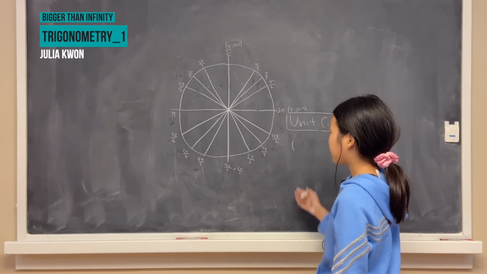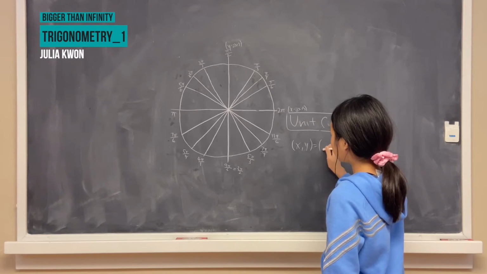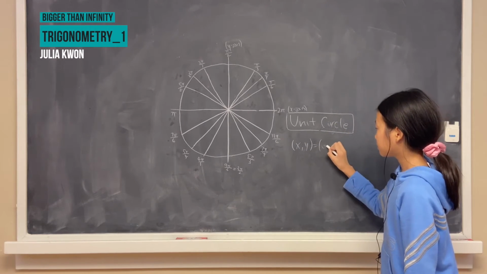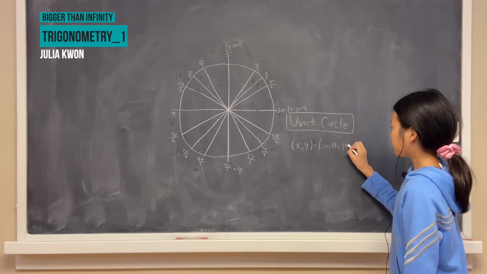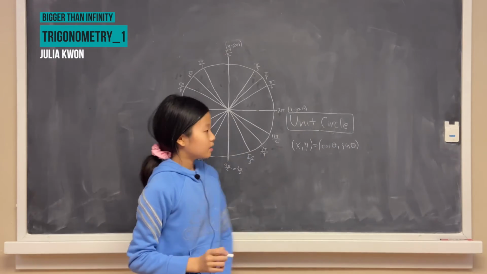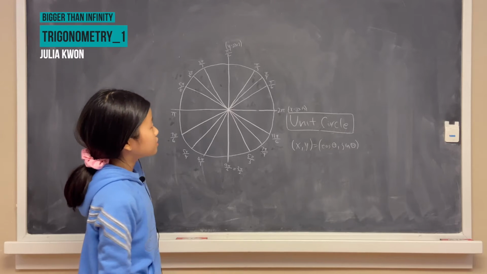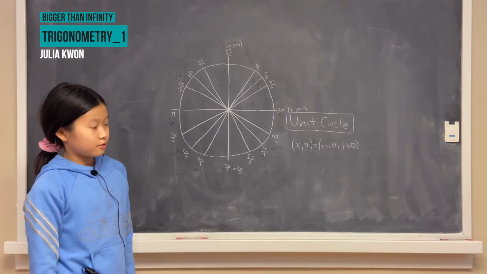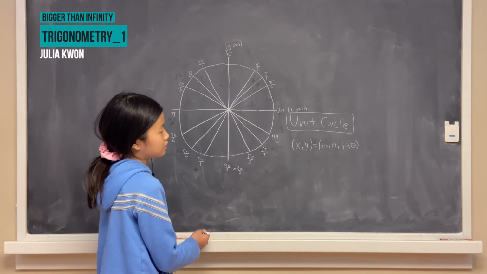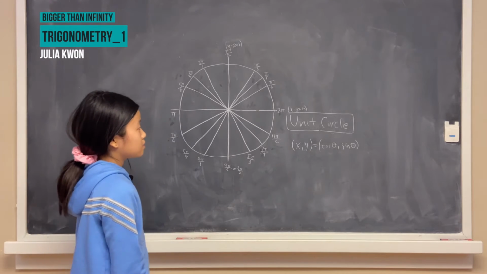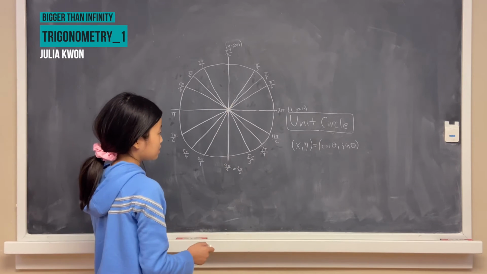Now it's just like a normal graph, and so x comma y is equal to cosine theta comma sine theta. What I do not do is memorize all the values in the unit circle, because all you really have to memorize is the first quadrant.